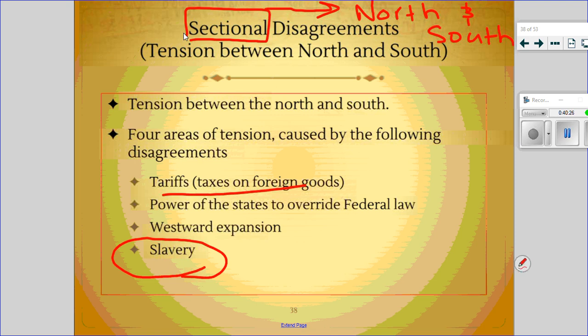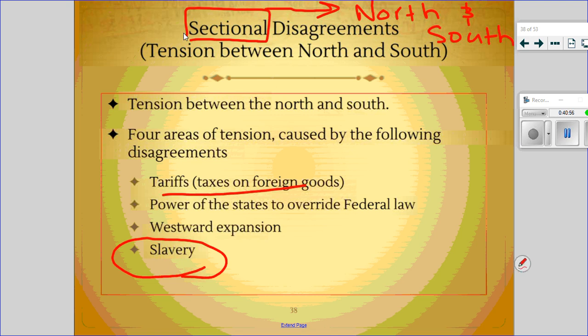Because the North produced things, and so they liked the tariffs because that's a tax on foreign goods and it protects them from foreign competitors, but it makes things more expensive, which the South didn't like because they didn't have a manufacturing economy. Why? Because they were totally reliant on plantation agriculture and slave labor. That's why there was no skilled middle class in the South, because all of the skilled workers were enslaved people.